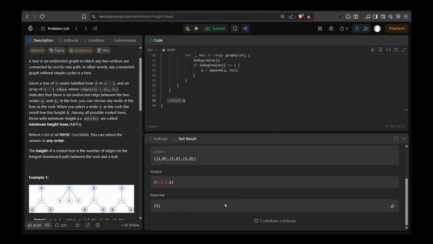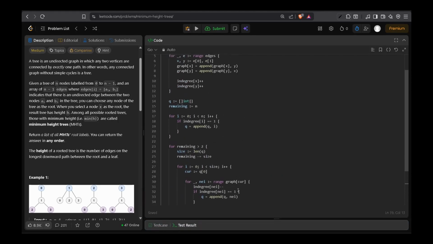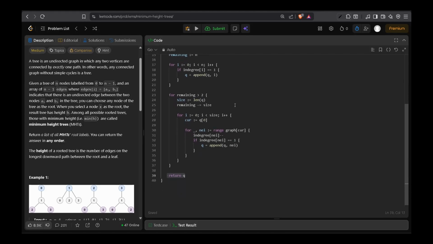Okay, wrong answer. Why is that? That's because after processing the nodes, this is where we process the current node or the batch of current leaf nodes, right? We have to remove them from the queue as well, which we forgot to do. So queue now becomes equal to queue from size onwards, right?